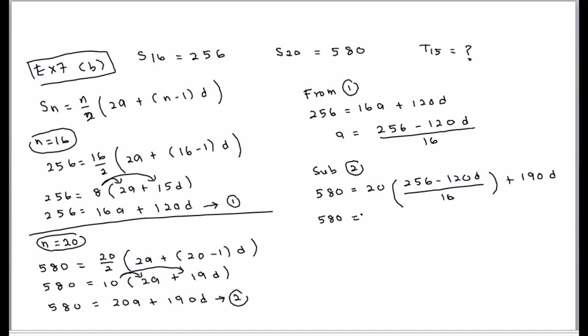Okay, let's simplify. So 580 minus 5120 over 16, we get 260.